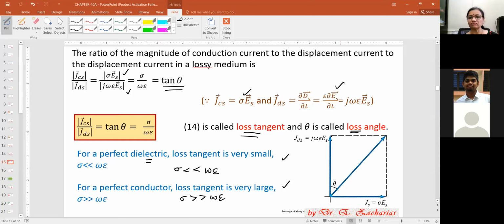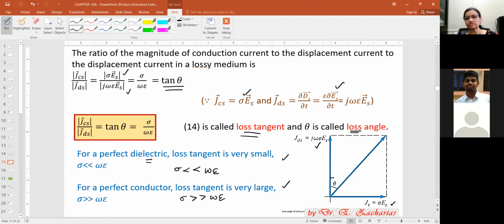Now let us look at this figure here. On the x-axis, you have your conduction current density. On the y-axis, you have your displacement current density. I have told you in the past also, for a conductor, displacement current is almost 0. So let us consider a good conductor: the y-axis will be almost 0. So what will happen to this theta?